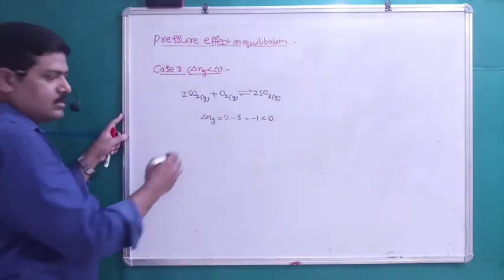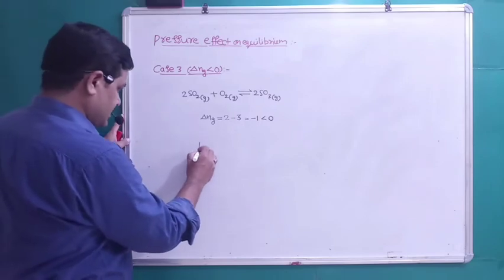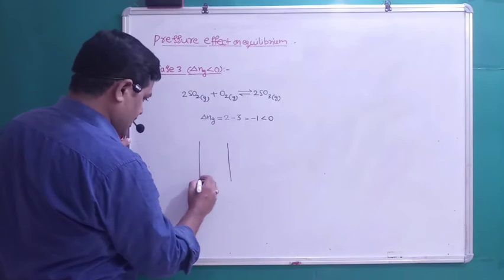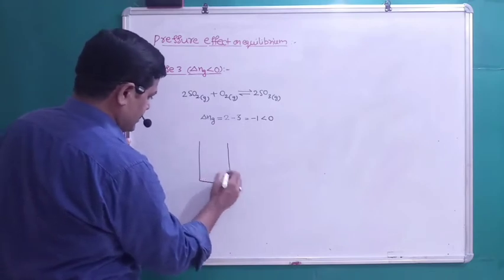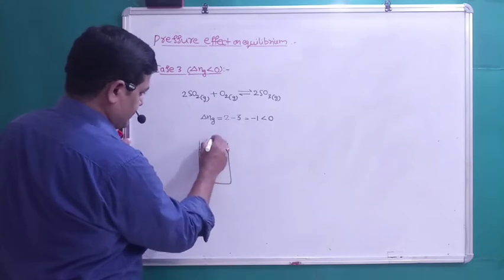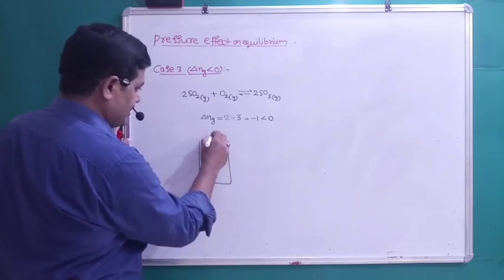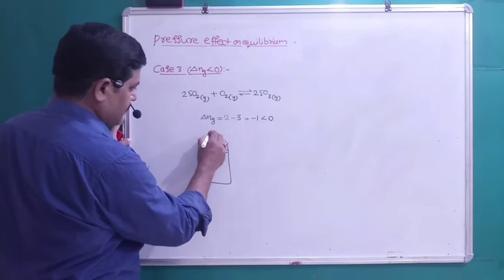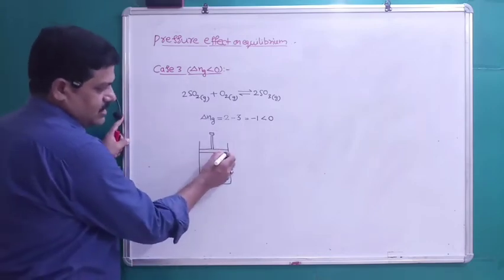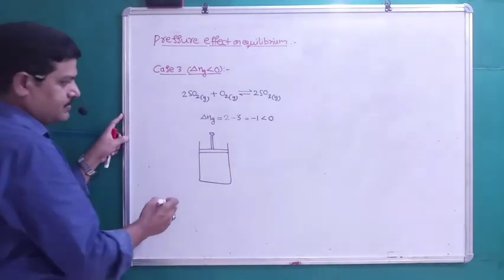Here also, similarly, we will consider that this reaction which is in equilibrium, the reacting mixture, is present in a cylinder to which a movable piston is fitted like this. By adjusting the piston downwards, we can increase the pressure.